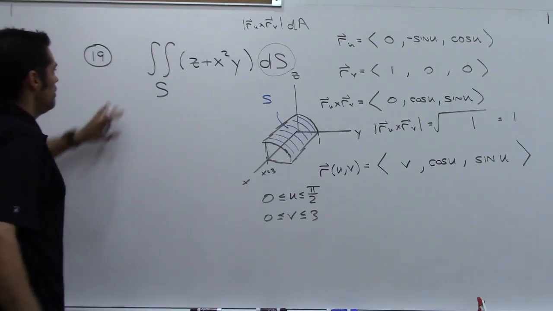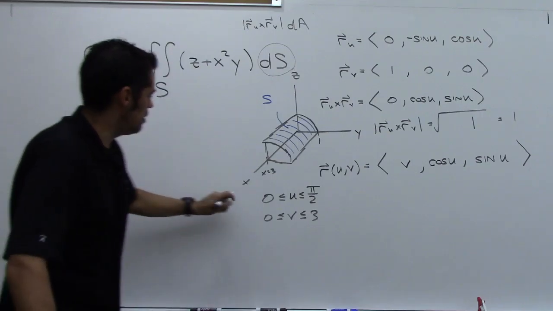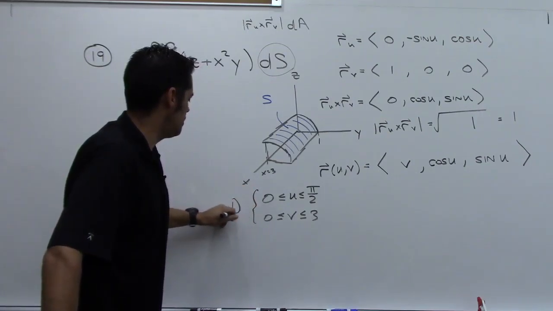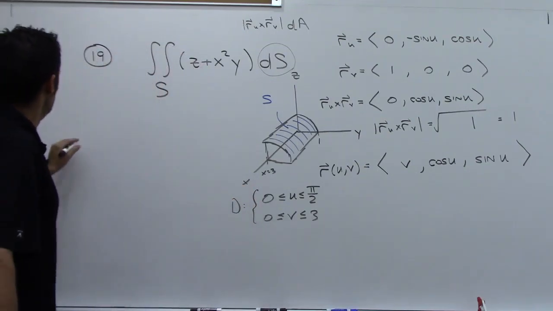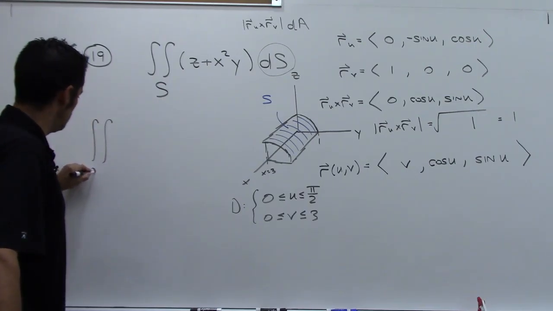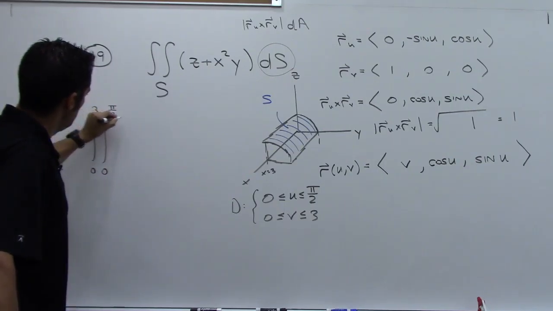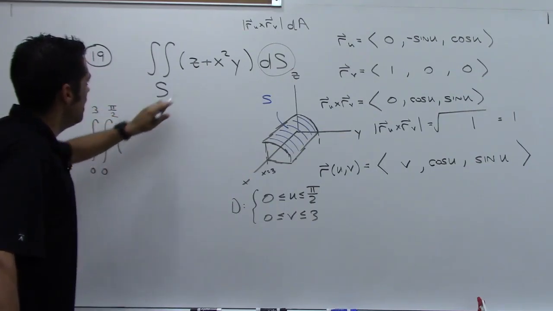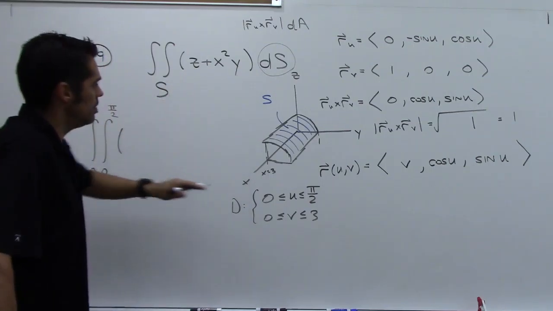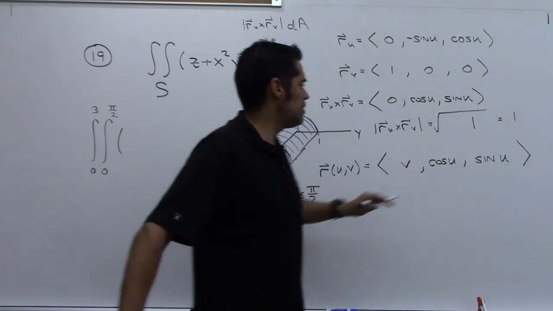I can go ahead and convert this over now to my restrictions on u and v, which constitutes my D region here. So we get the double integral, 0 to 3, 0 to pi over 2. Then I need to plug in the components of my surface.